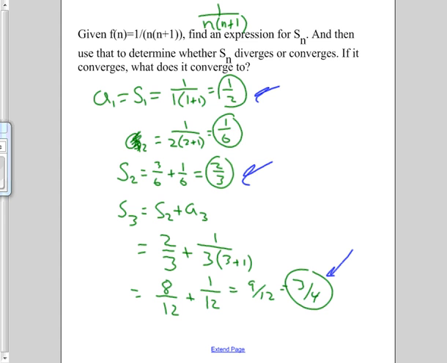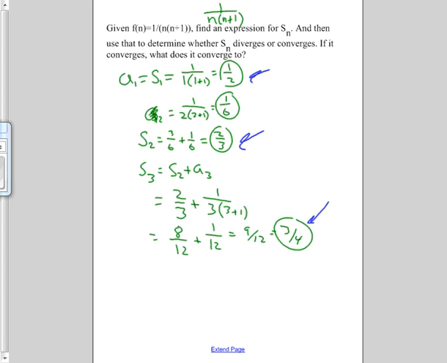Let's do one more of these, very similar to the last one. S sub 4 is S sub 3 plus A sub 4. So 3/4 plus A sub 4, which is 1 over 4 times 5, 1/20th.